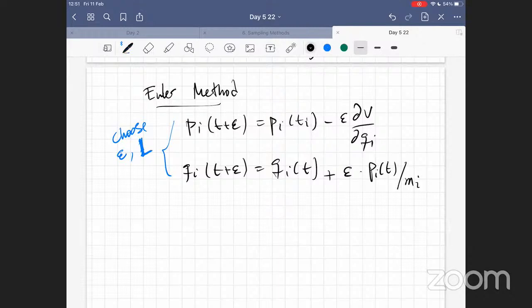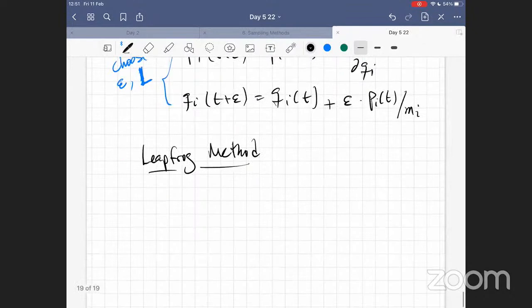And what typically is used nowadays is something called the leapfrog method, which is a refinement on that, which works much better.